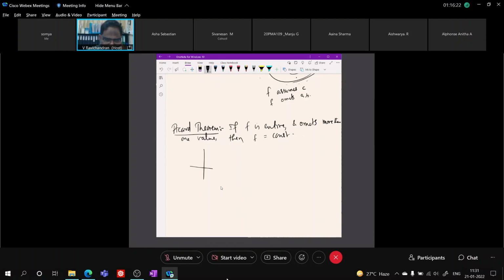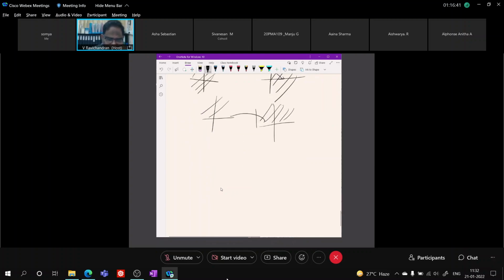For example, if you have an entire function from the complex plane to the right half plane, then naturally f should be constant only. If it is mapping the whole complex plane to the upper half plane, then it will be constant only. If you have an entire mapping which maps the whole complex plane to a strip, then also it is constant.